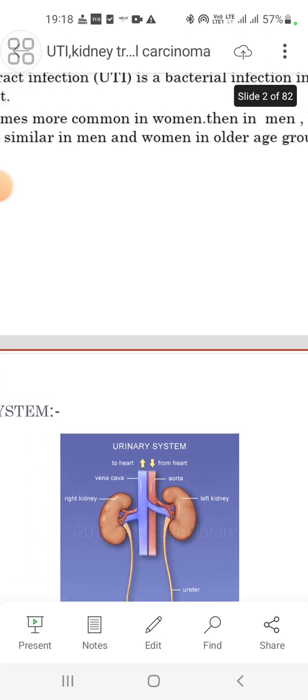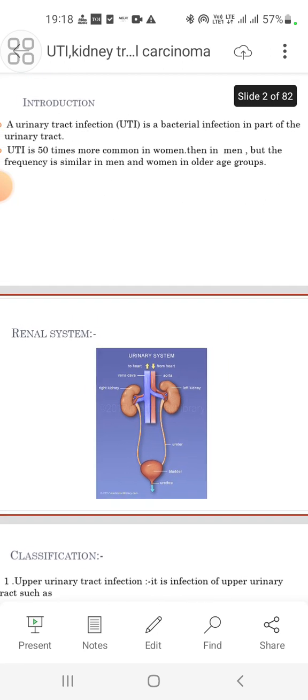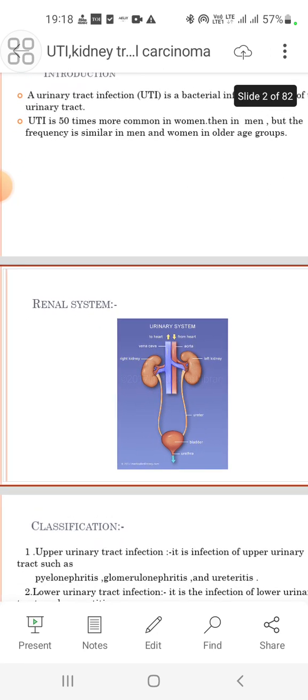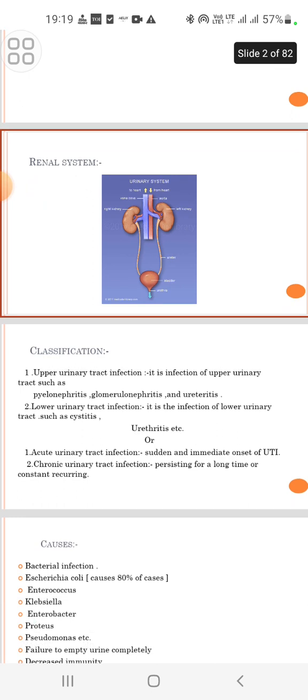Now if an infection occurs in a part of the renal system, it is known by that name. We have the classification of UTI in two forms: upper urinary tract infection and lower urinary tract infection.